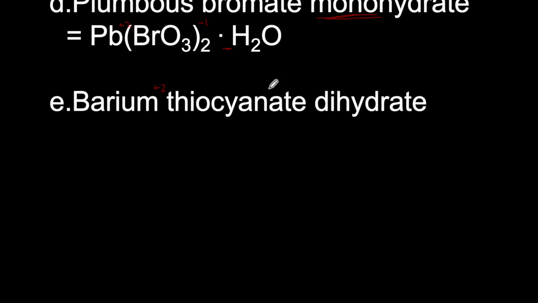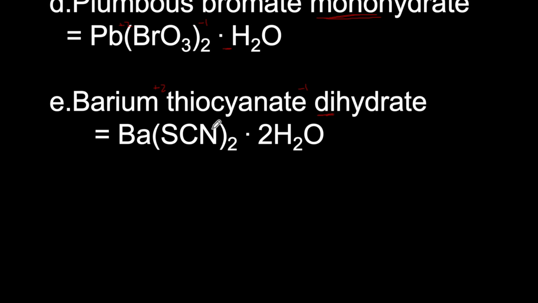And then thiocyanate is one of your polyatomic ions, has a -1 charge to it. But the key thing here is dihydrate. Di means 2. So the formula for this compound is barium with a +2 charge and thiocyanate with a -1 charge to it. So you need 2 thiocyanates in parentheses, subscript 2 to balance out the charge. Di meaning 2, hydrate meaning water.